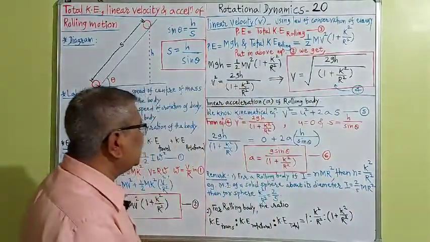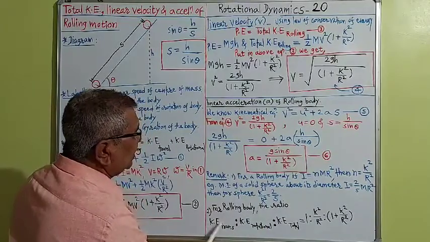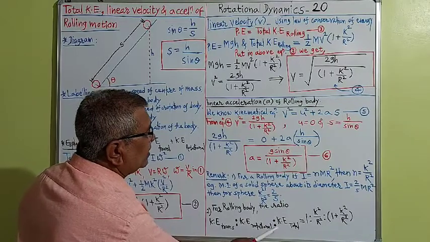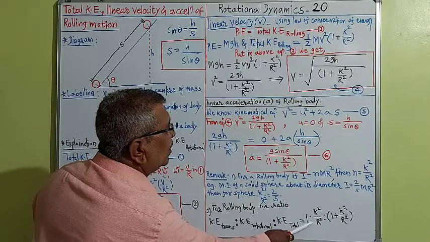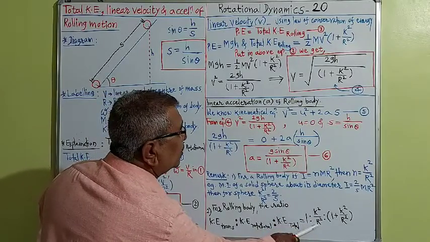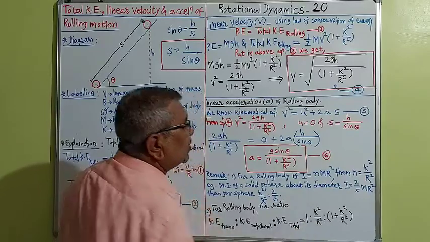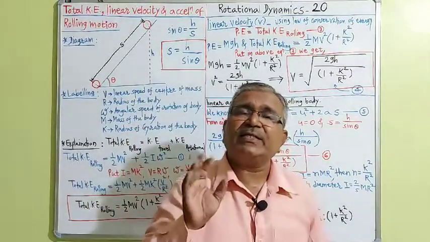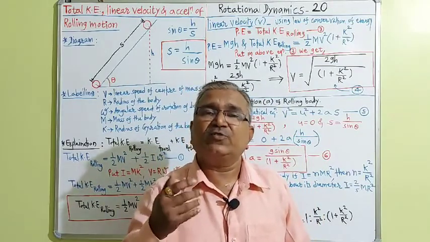That formula is, for a rolling body, the ratio of translational kinetic energy to rotational kinetic energy to total kinetic energy is equal to 1 is to k square upon r square is to bracket 1 plus k square upon r square. This formula we should remember to solve various numericals.